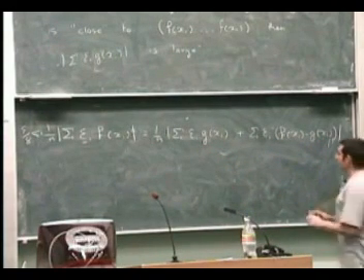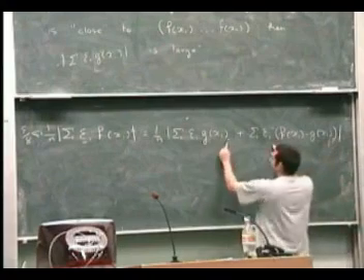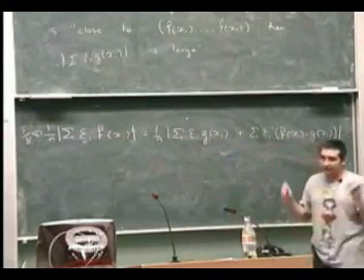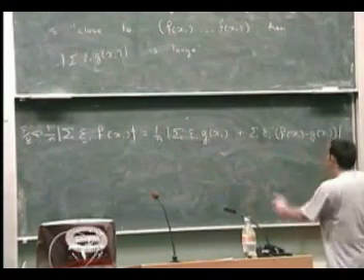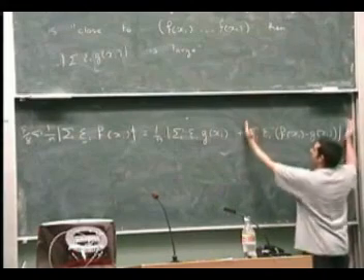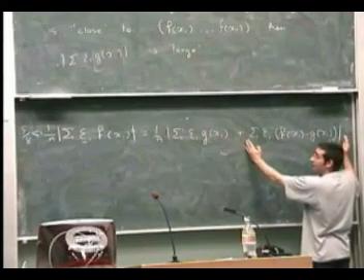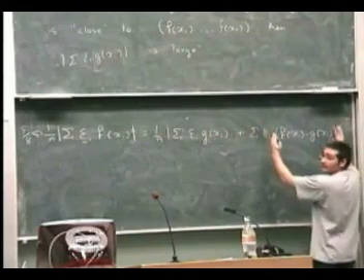First of all, I'm going to say that the absolute value of these two numbers is smaller than the sum of the absolute values. And then I'm going to take this thing and say that the absolute value of this sum is smaller than what you do if you take the absolute value of this side.